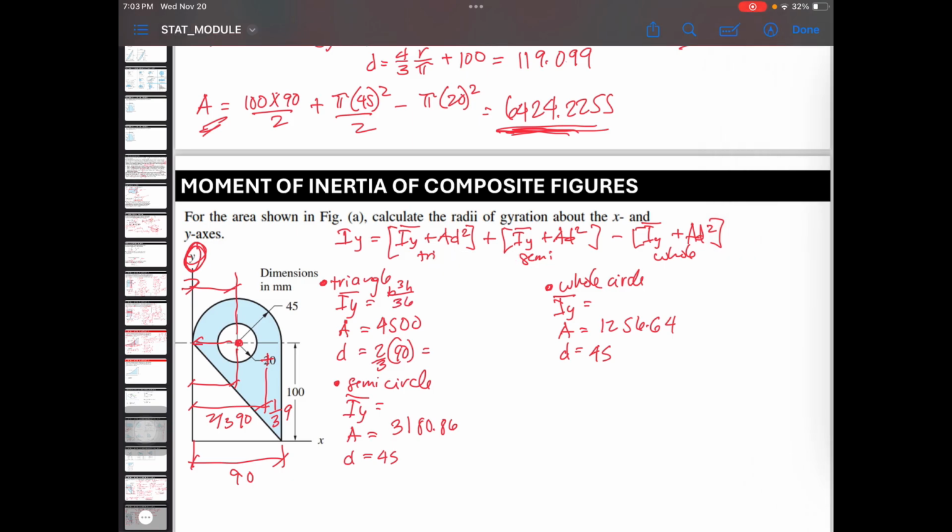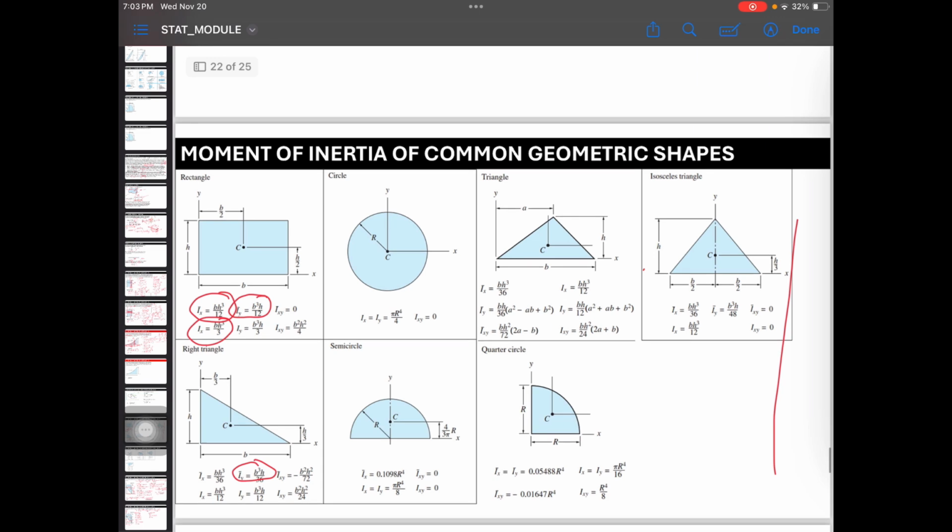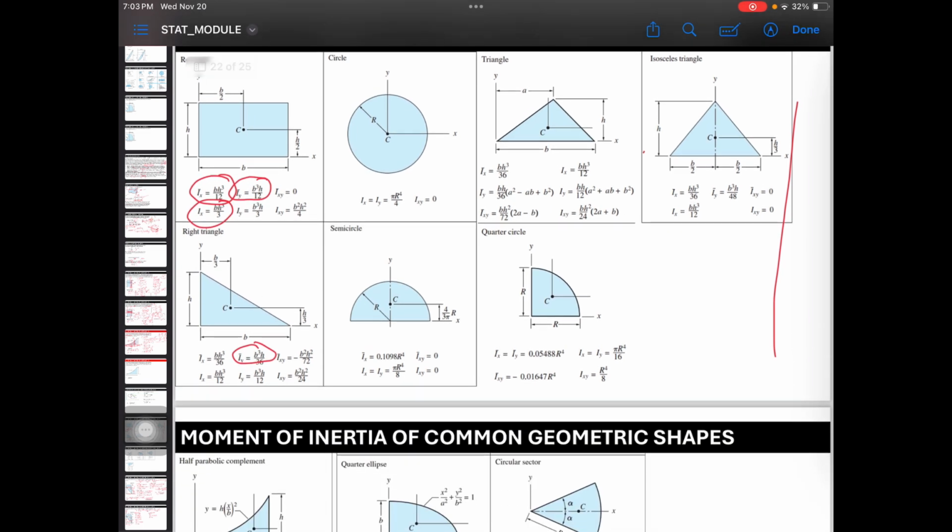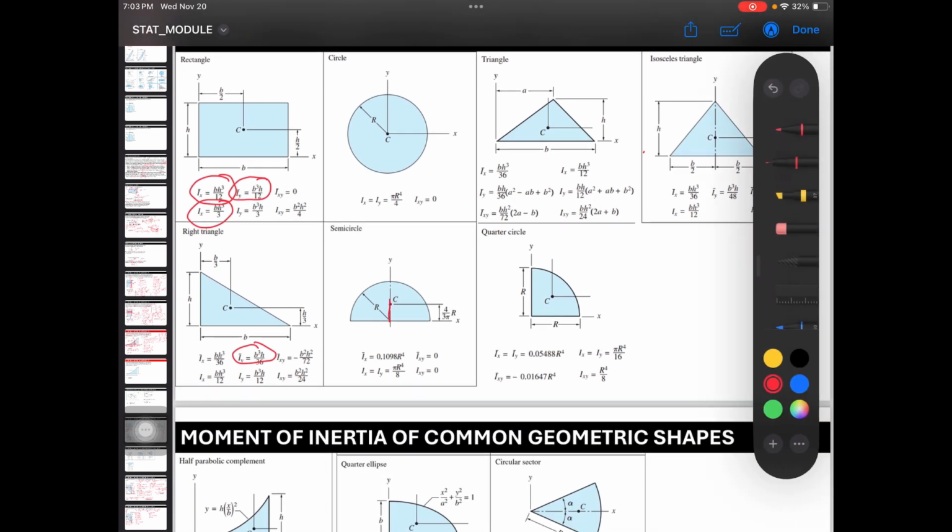Si semicircle, makikita nyo sa semicircle, nasa gitna yung sentro niya, diba? Hindi ito Iy bar niya. Ang Iy bar niya is equal to dito.